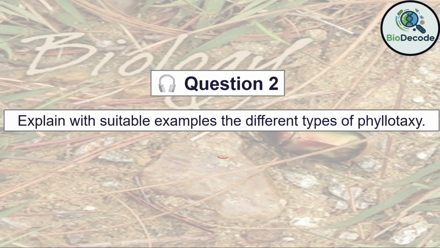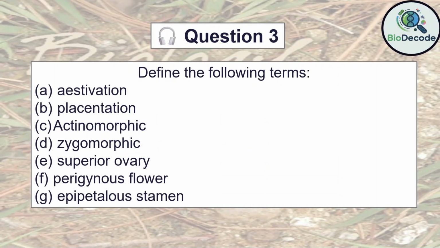Question 3. Define the following terms: estivation, placentation, zygomorphic, epipetalous stamen, superior ovary, actinomorphic, perigynous flower. Answer. Estivation is the arrangement of sepals or petals in a floral bud before it opens, influencing how a flower blooms.